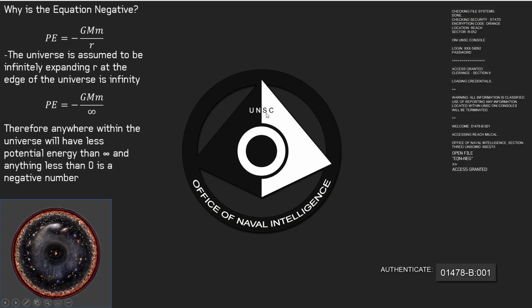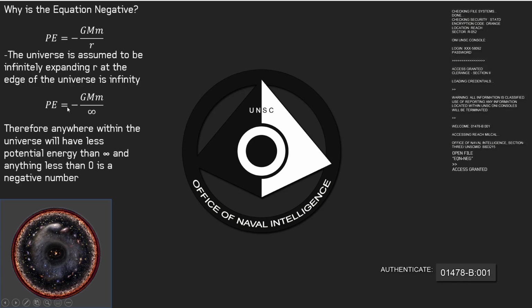So we can just assume that the edge of the universe would be infinity, as it is forever expanding. So if you plug that into our equation here, let's assume there's one object on this side and one object on this side, and the radius between them is infinity, as you know, edge of the universe. So just any object to the edge of the universe, the distance would be infinity.